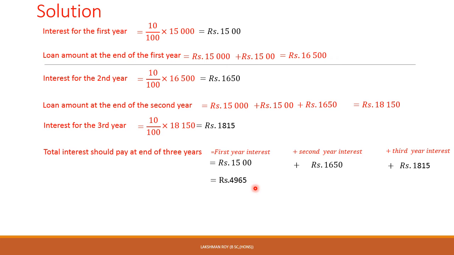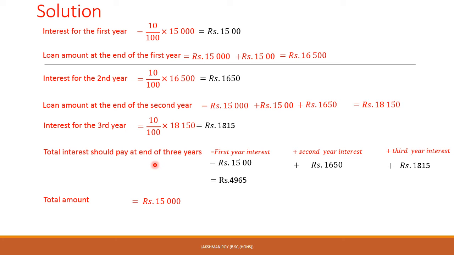Then there's another one. What is that one? The total amount to pay. The total amount means, at the end of the third year, if you settle the loan, you have to pay the borrowed amount and the interest for that borrowed amount. That means interest for 3 years, right?